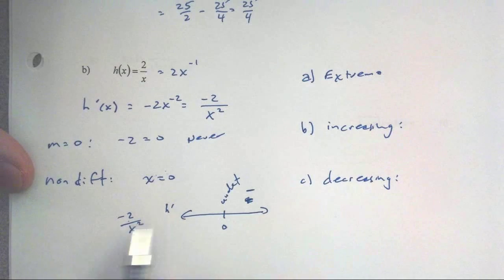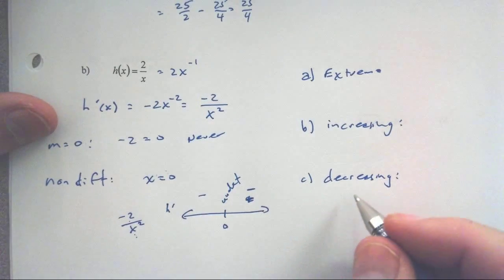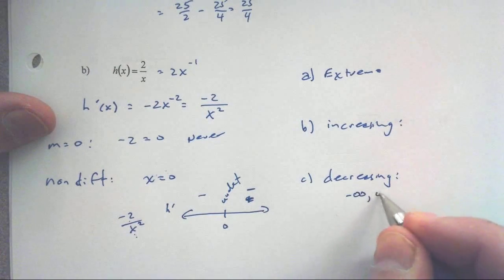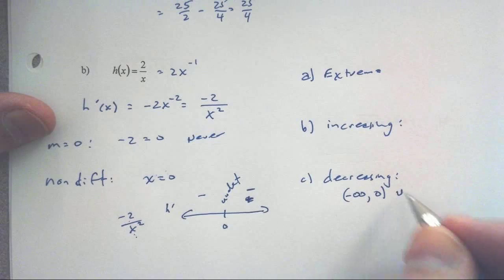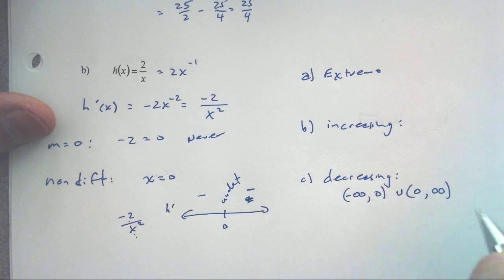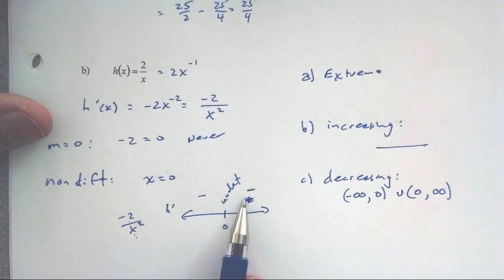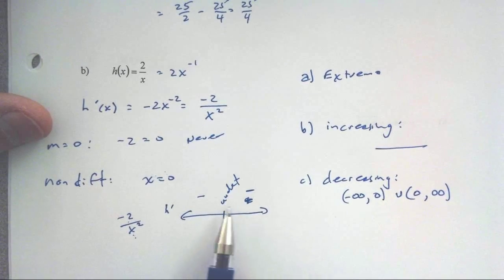To the left of 0, it's negative divided by positive, negative. We have a function that decreases everywhere but doesn't exist at 0. This function is decreasing from negative infinity to 0 in union with 0 to infinity. It is never increasing. And if it's decreasing all the time where it's differentiable, then we have no extremes.